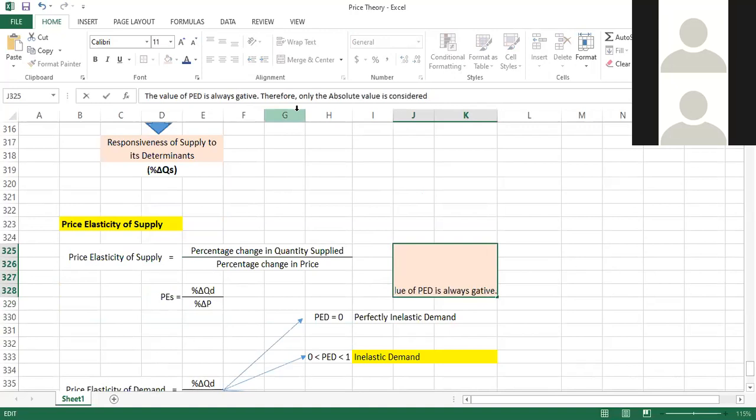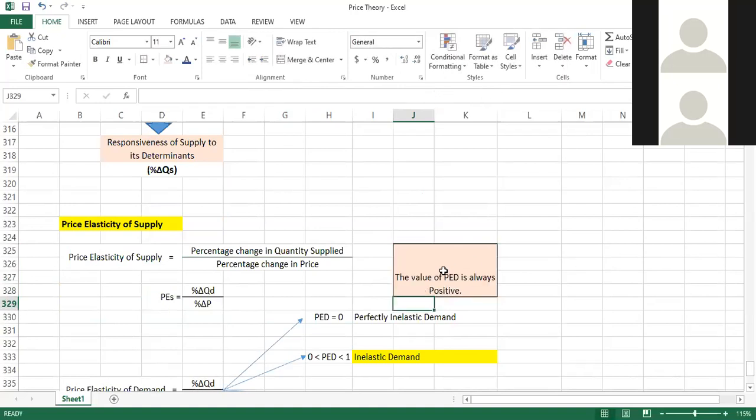Therefore, it's much easier than price elasticity of demand, right? So price elasticity of supply is always positive.